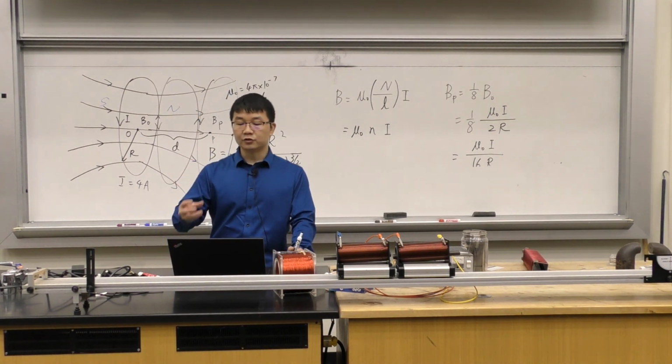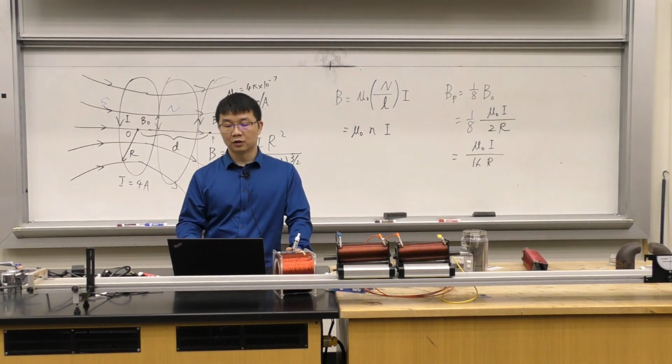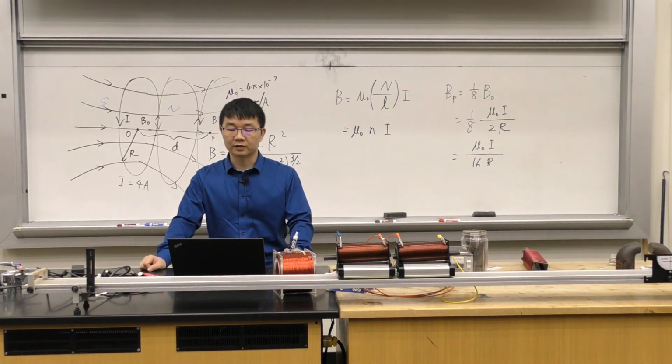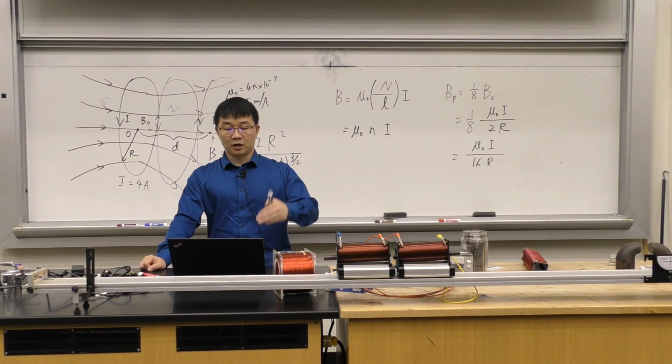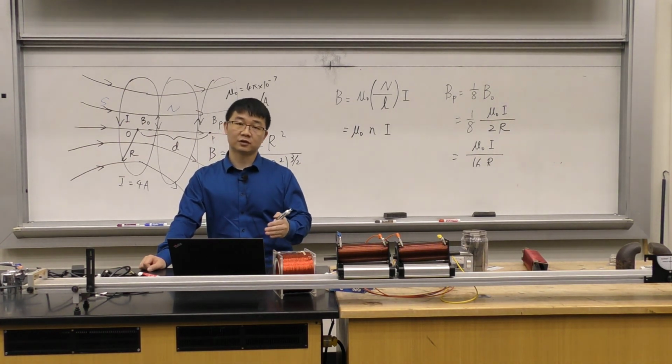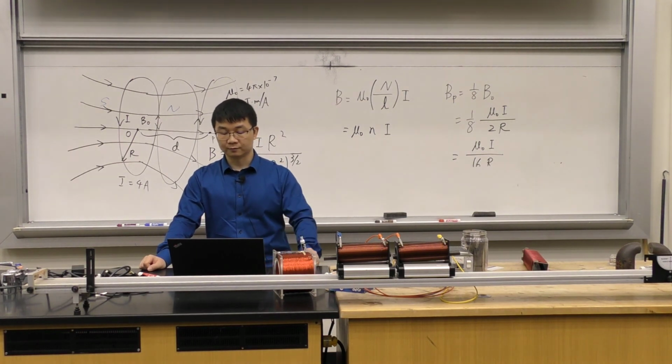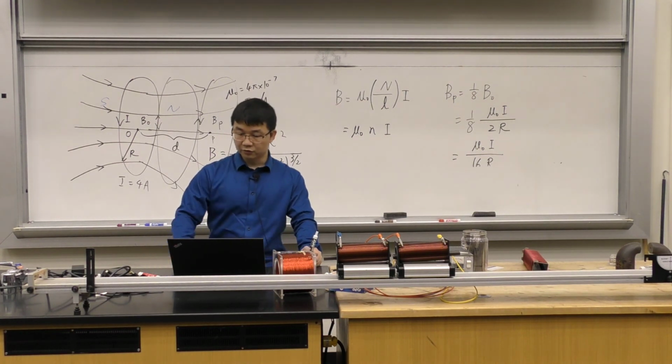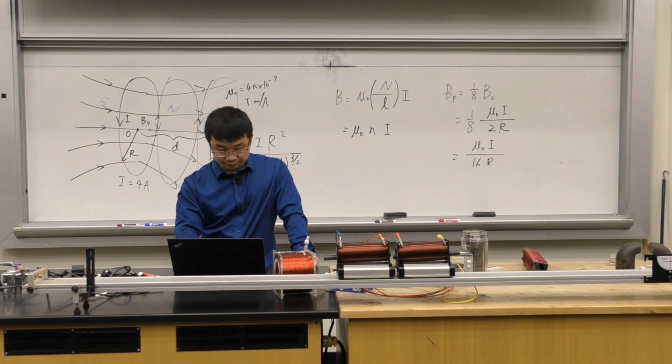So how do we create a uniform electric field? Parallel plates. We already learned that. How do we create a uniform magnetic field in real life, especially in a physics experiment? We use a solenoid. You can take a look at the image on slide 5 at the bottom.